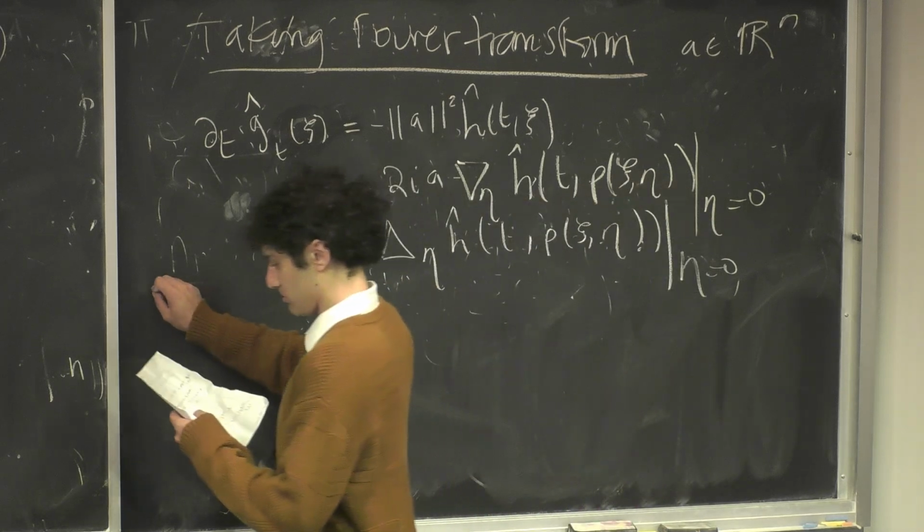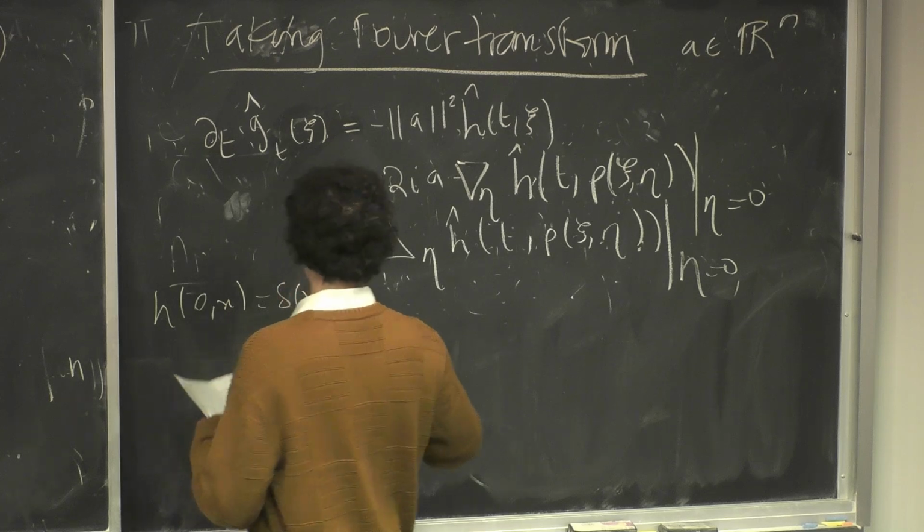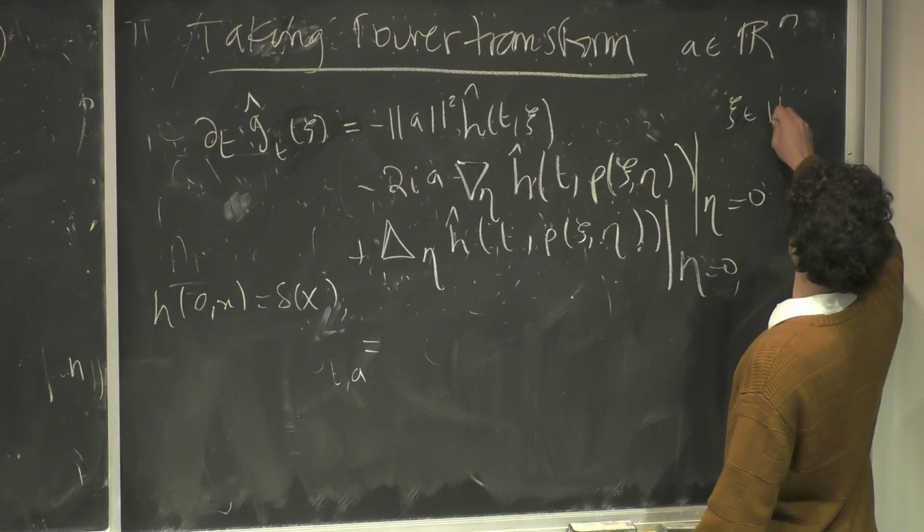And the initial condition is a Dirac delta, with xi in R^n.